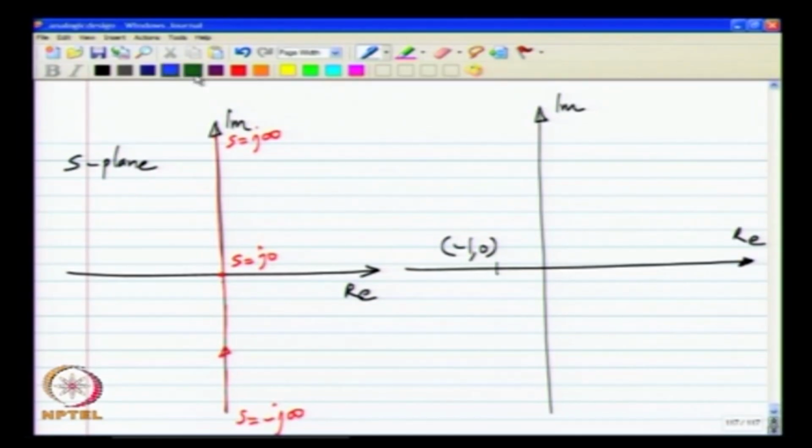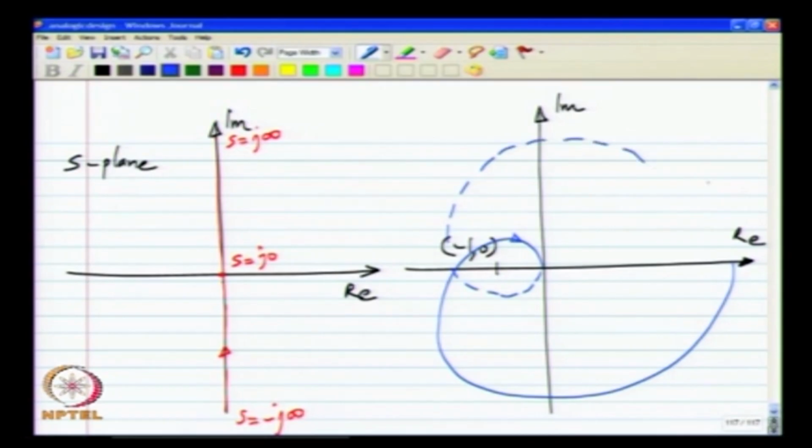So, you will get something, and as always the plot for the upper half of this is a mirror image of the plot of the lower half, and let us say the plot comes out like that, right. And the remaining part of the plot is simply a mirror image of that one.